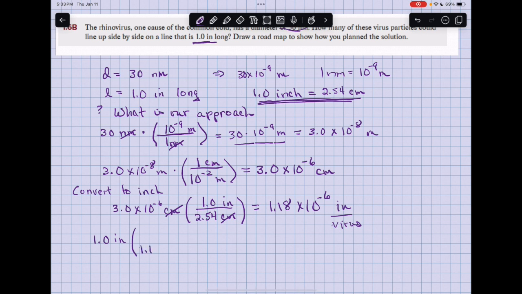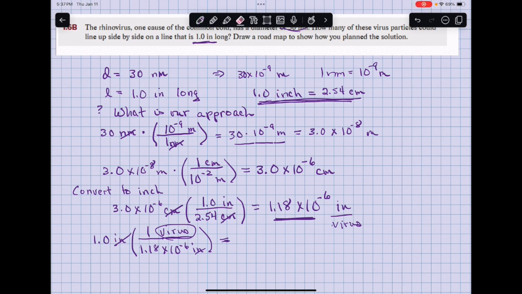So I do 1.18 times 10 to the minus 6 inches, all right, because that's the number I got at the end of that, and that's for one virus. All right, so inches are going to cancel out, and you'll notice that the units I'm left with are going to be in terms of the virus. So we're going to take that and plug that into our calculator in order to find out exactly how many viruses I have.